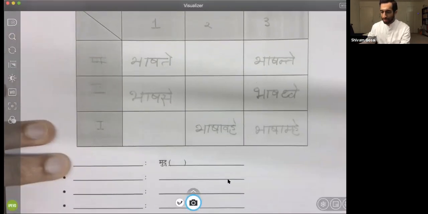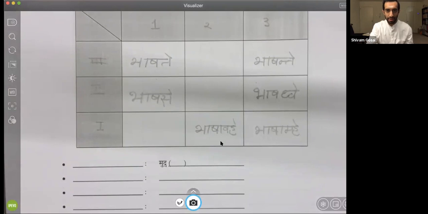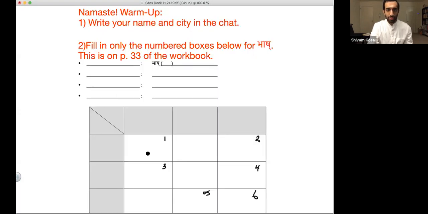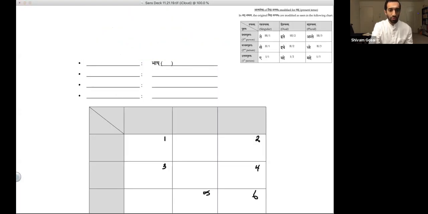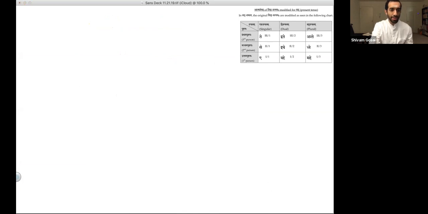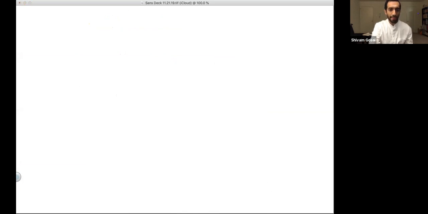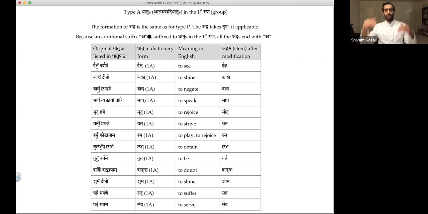Okay, so hopefully this is looking familiar, not looking completely new. Let's go back to the other screen. What we have been covering is Atmanepada. In our review, we start with the sentence, Vakyam. There are two types of Padani, which are Tingantam Padam and Subantam Padam.